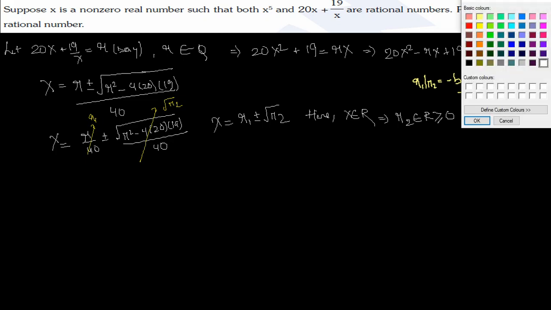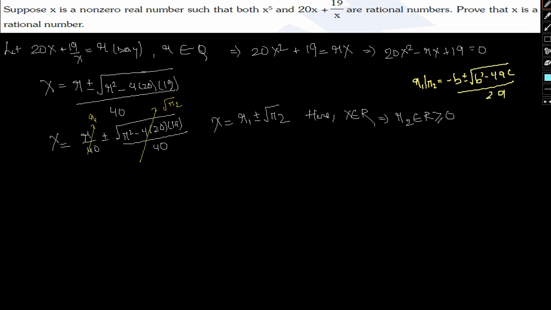Having said all that, now what we have is that x to the power 5 equals, taking the following roots, r1 plus minus root r2, to the power 5.